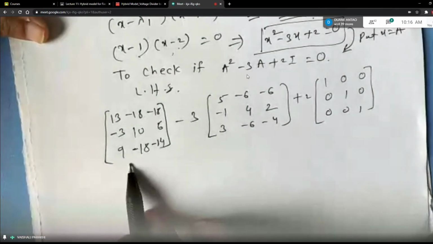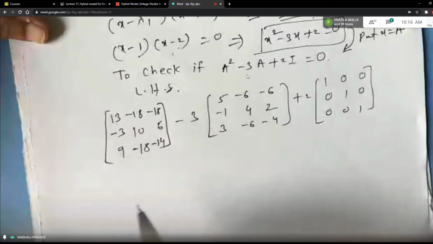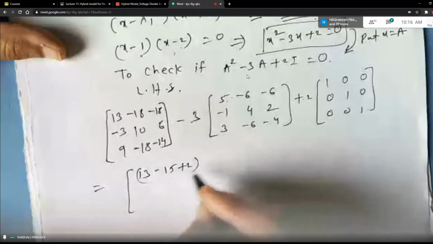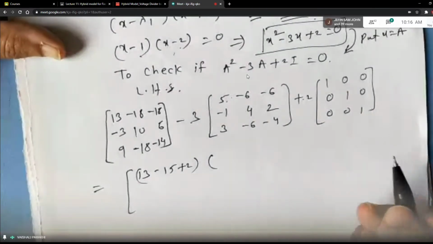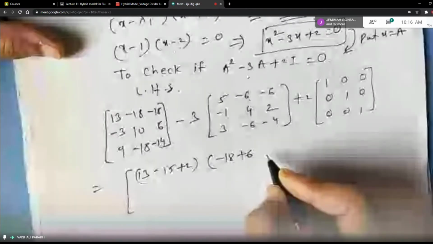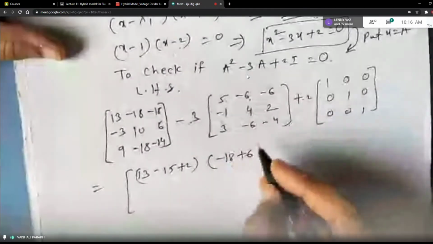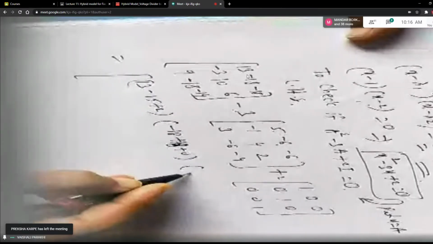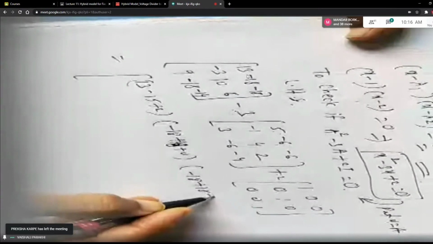Okay, so we want to find out this addition of matrices, and you know how to go about it. It is 13 minus, 5 3s are 15, and plus 2 into 1 is 2. Term by term you have to do it, corresponding elements. So minus 18, then minus 18 plus 0, 3 sixes are 18 and the last number is 0.